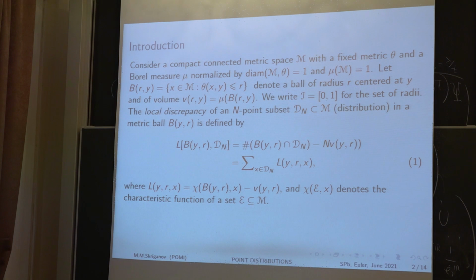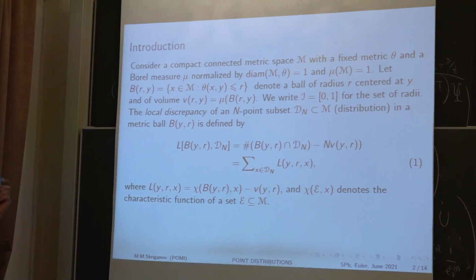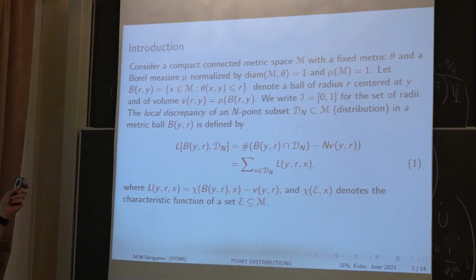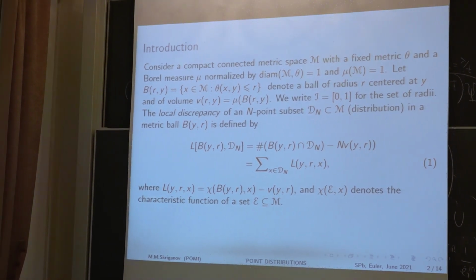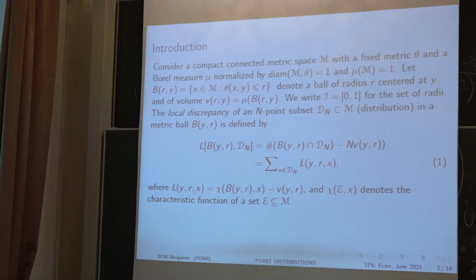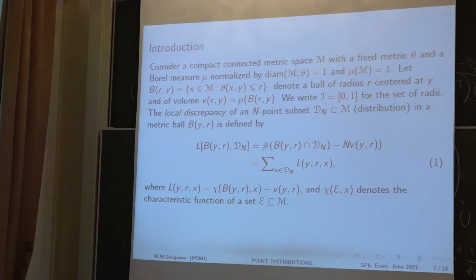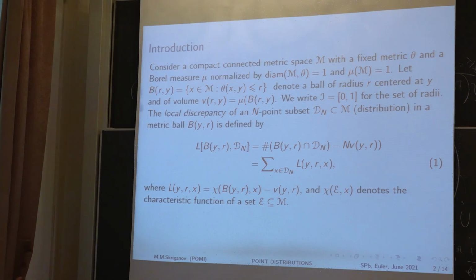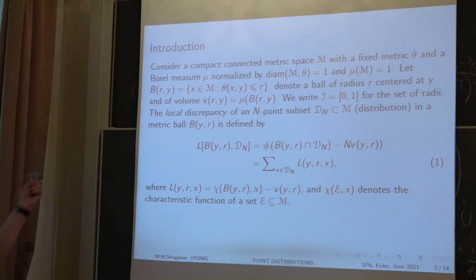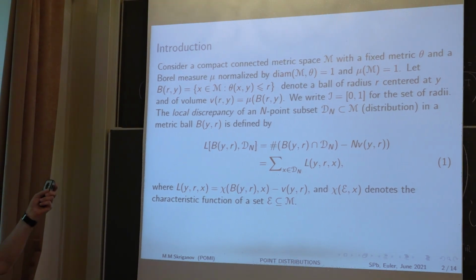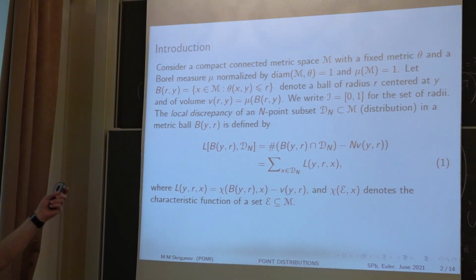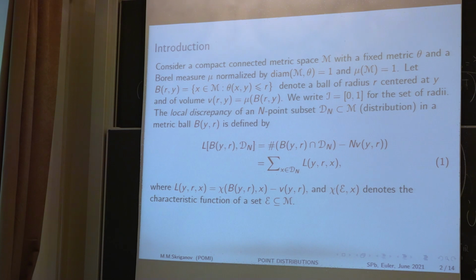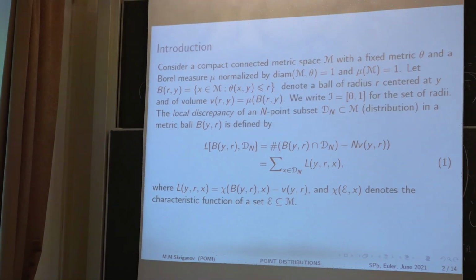It's standard. So we consider a little more general situation when M is a compact connected metric space. So we are ignoring now the smooth structure on the space. We consider balls, their definition is written here, and now we define the discrepancy of an n-point subset given in this space.